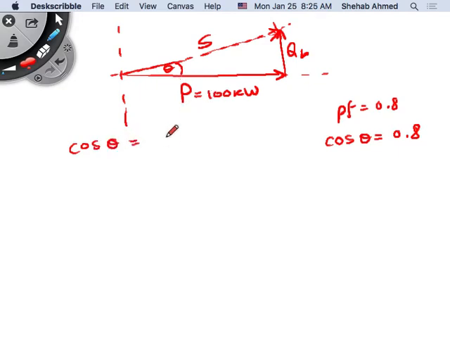Adjacent over hypotenuse, to S, right? And then sine theta is equal to opposite over hypotenuse, right? From here I can find S, and then I can substitute here, and knowing theta and S, I know Q, right? So I know everything about the power triangle, and this is only from the first sentence. So I know what I have. Now see what else they're asking for.